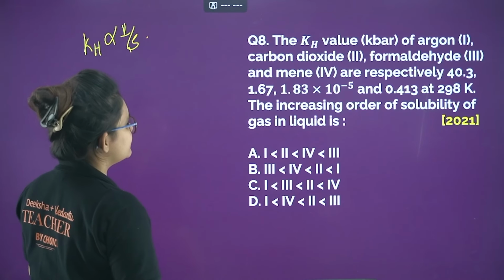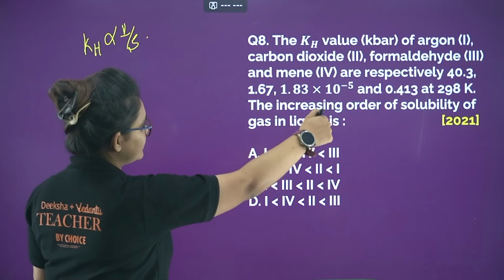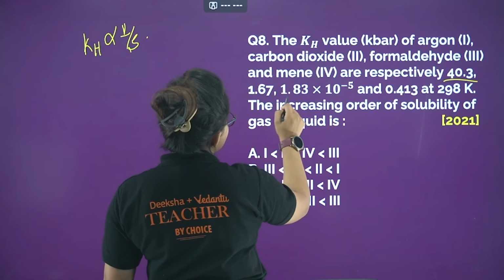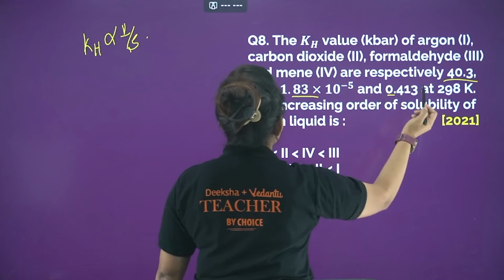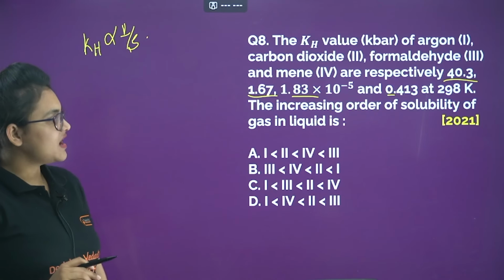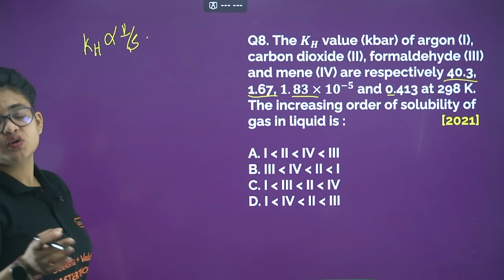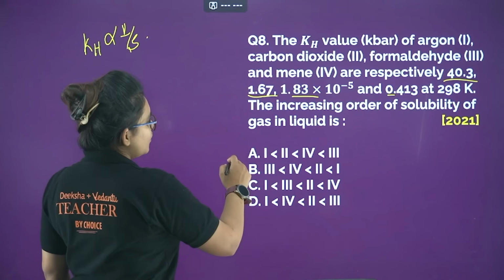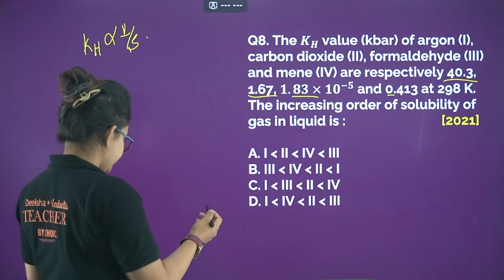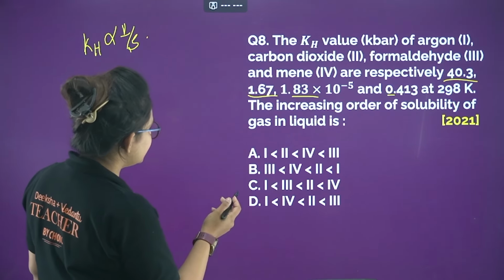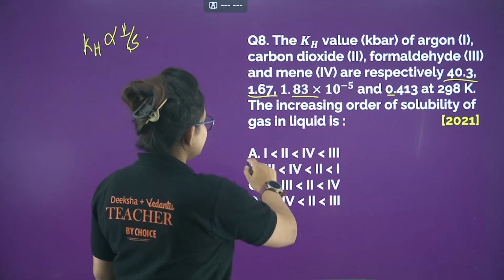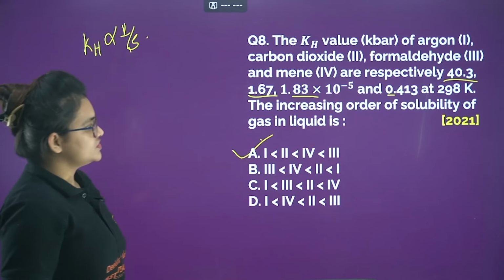So argon has the maximum value, hence the solubility of argon is the least. So 1 comes first, then 2, then 4, then 3. This is the correct option.